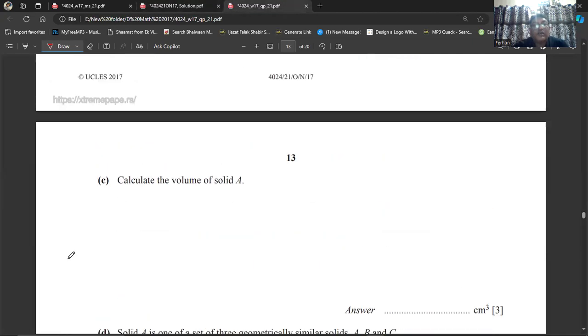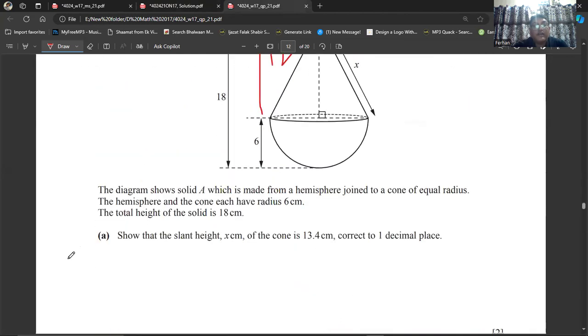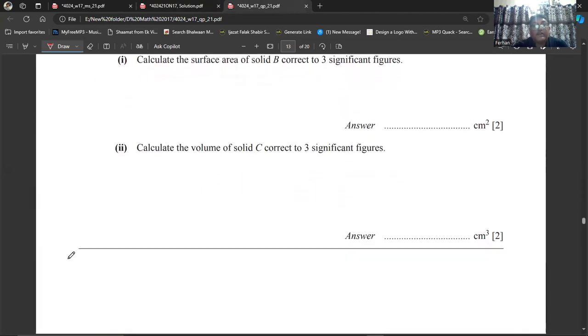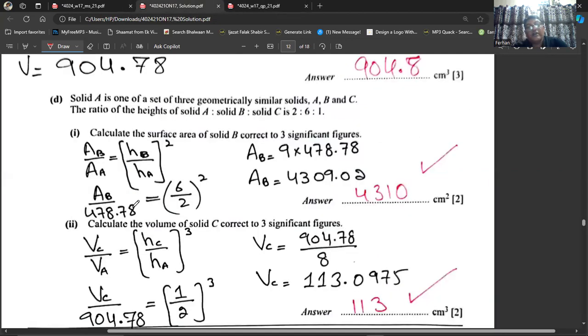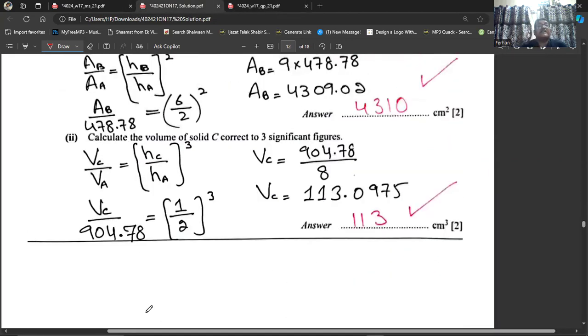Okay, so question number 8 and it's D second part. Calculate the volume of the solid C correct to three significant figures. Okay, so the volume of C divided by the volume of A is equal to the height of C divided by the height of A, whole cube. So the volume of C is the question, the volume of A is 904.78, and that will be equal to 1 by 2 whole cube.